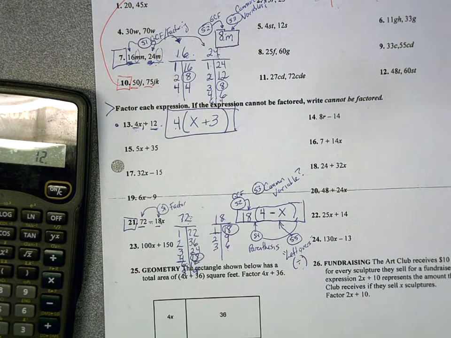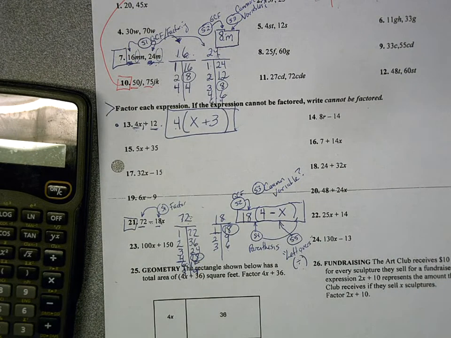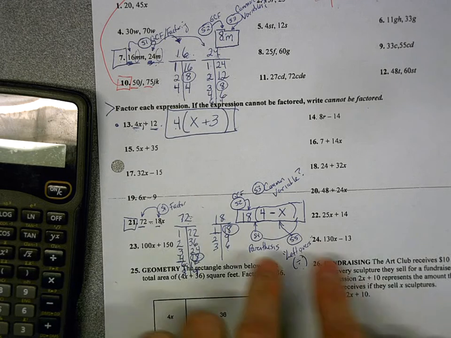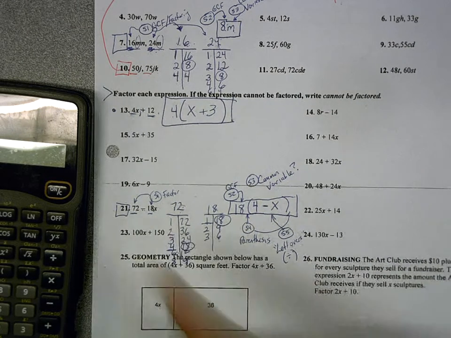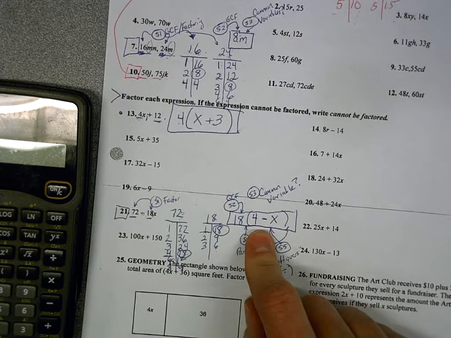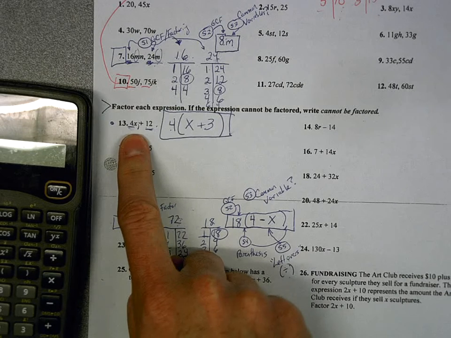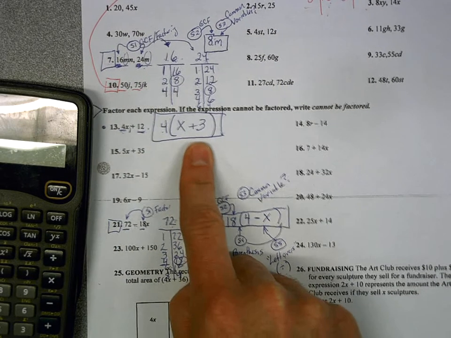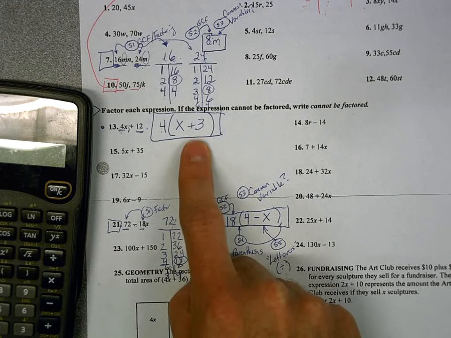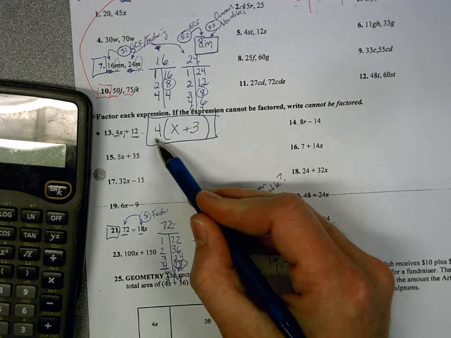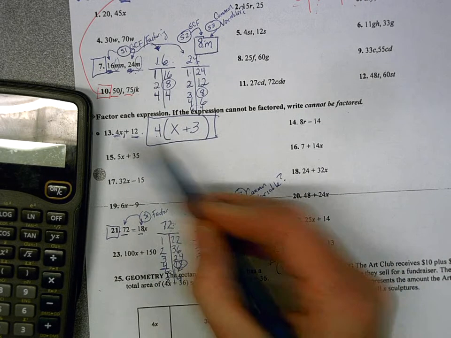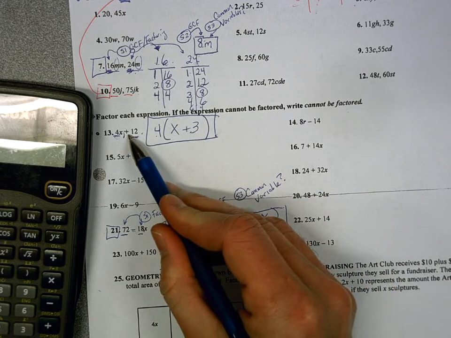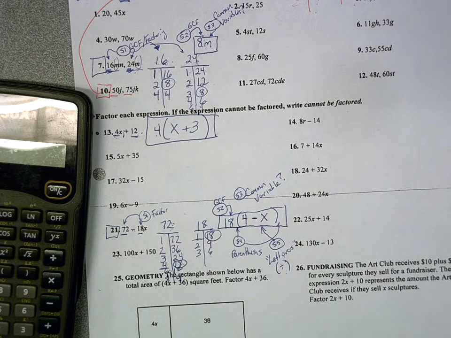It's the opposite of doing distributive property. They're giving you the answer, and you have to write the problem. They're giving you the answer, you have to write the distributive property problem. That's what factoring is. If you ever want to check to see if you got the right answer, just do distributive property. 4 times x is 4x. 4 times positive 3 is positive 12. Ta-da!